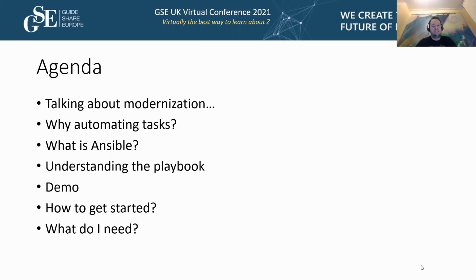So here I'm giving a brief introduction about some aspects of modernization, some places where we can start using Ansible, so we can understand what Ansible is, a bit of the architecture, and how we can map our playbooks and the tasks that we are going to see.